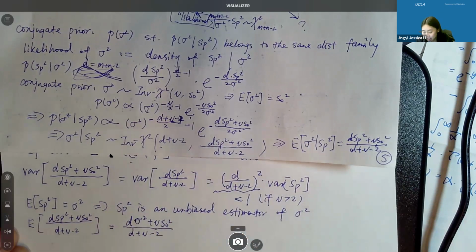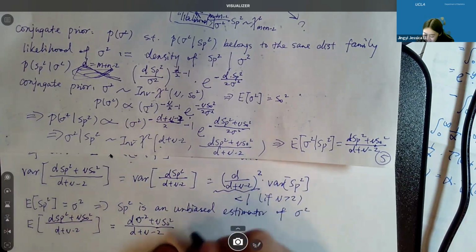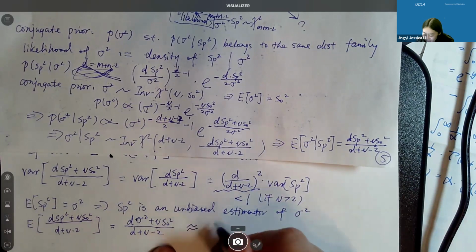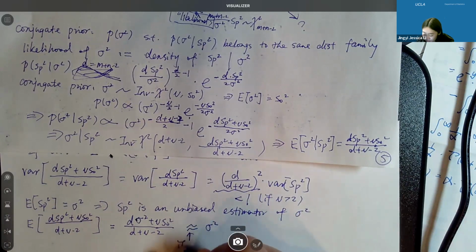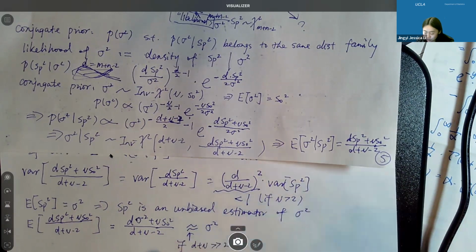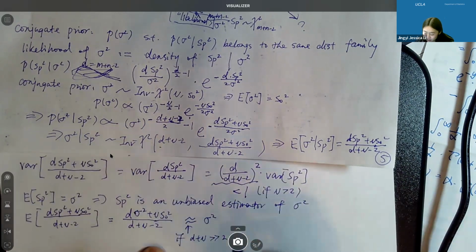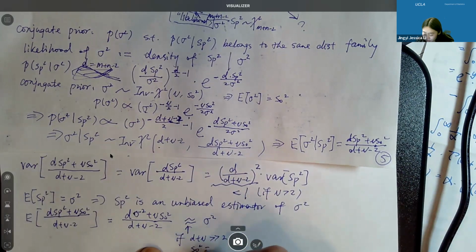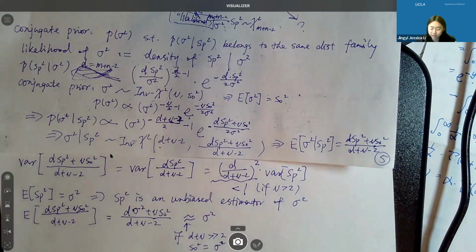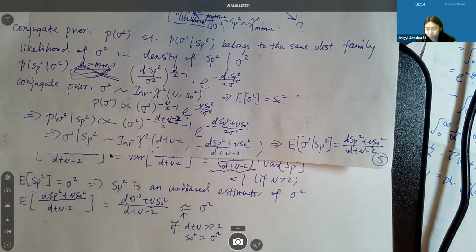So this can only be written as approximately sigma squared if you have this d plus v much larger than 2, so the minus 2 can be ignored, and also s0 squared is equal to sigma squared, right? So it can only happen when those two things both happen, but not really guaranteed. So in terms of the bias, this one cannot beat the original pooled sample variance.